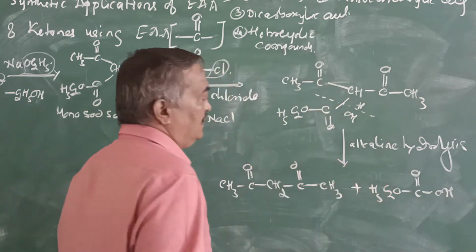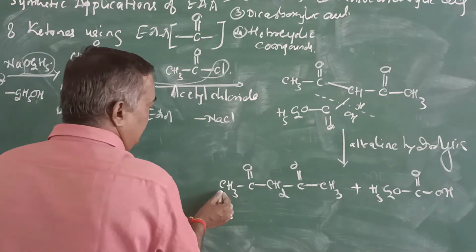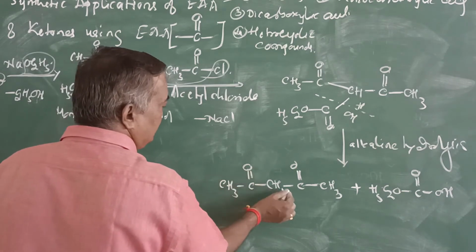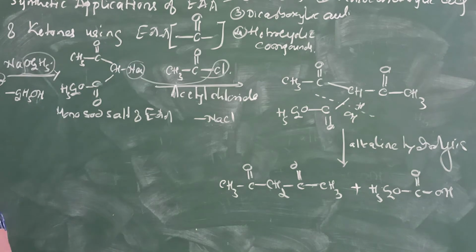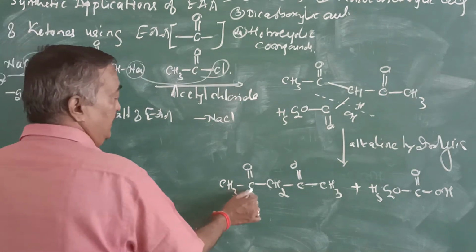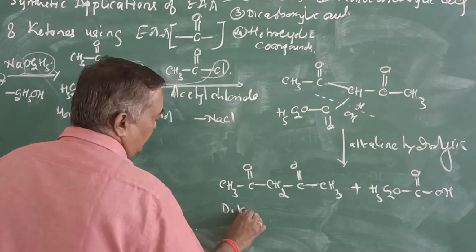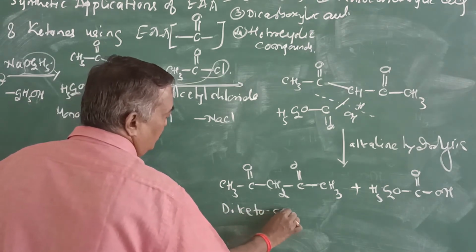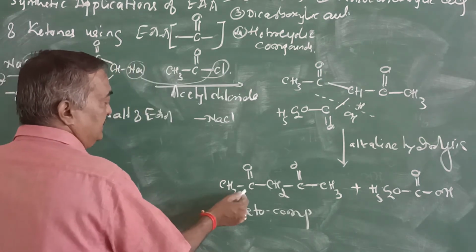That is the carboxylic acid with ester, that is ethoxy methanoic acid. Earlier we prepared ethyl methyl ketone. Now we have a diketo compound.